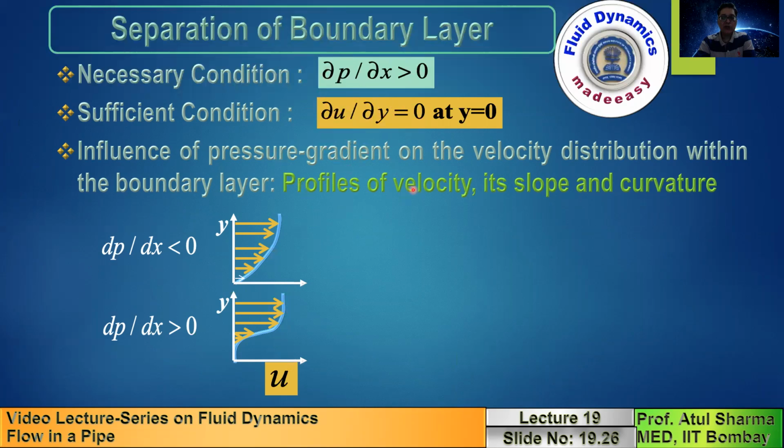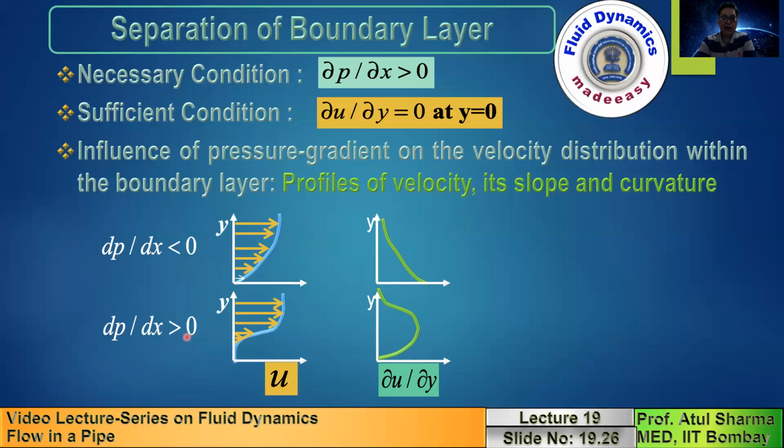This I had shown you, the profile of velocity. Now I'll show you the profile of its slope. This is the figure of del u by del y. As I mentioned, in the favorable case, del u by del y is positive near the wall and approaches a constant value.